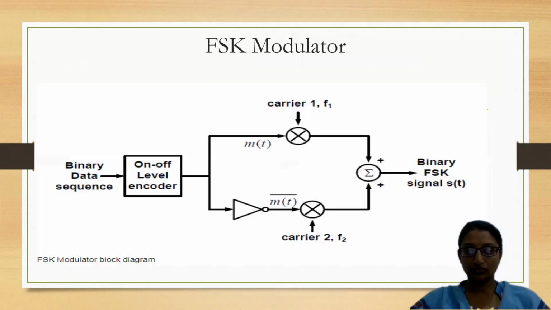Before the product modulator at carrier 2, we need to apply an inverter, so that M of t is applied to carrier 1, the upper part of the modulator, and the inverted signal, M naught of t bar, is supplied to the lower part of the modulator. When the outputs of these two modulators are summed up, we get a binary FSK signal. So the FSK modulator or generator is shown as in the figure.